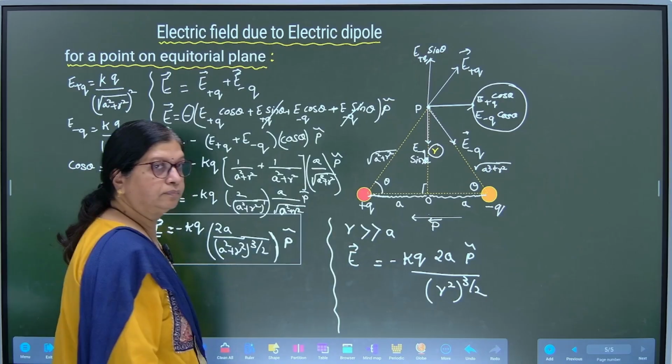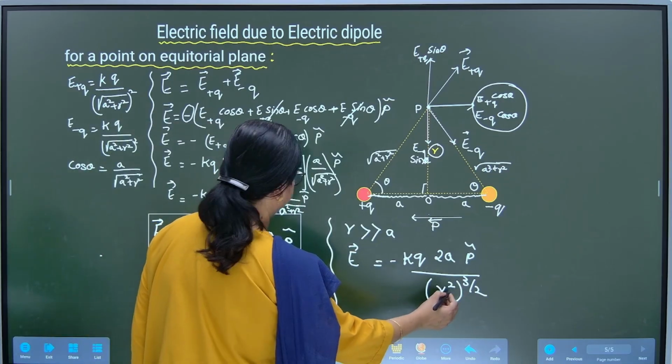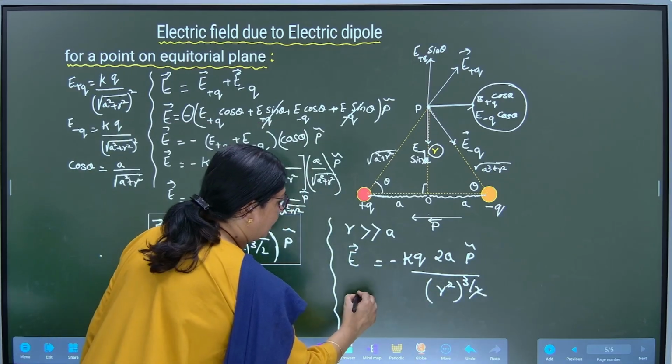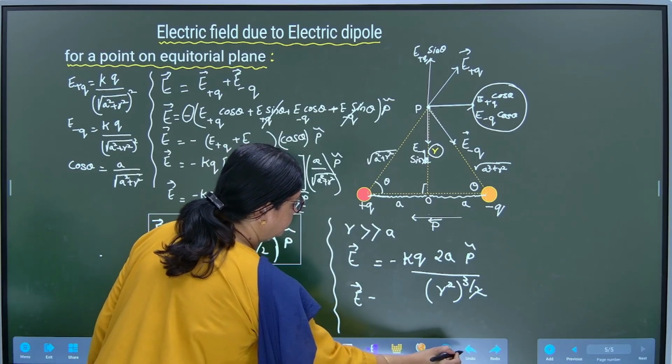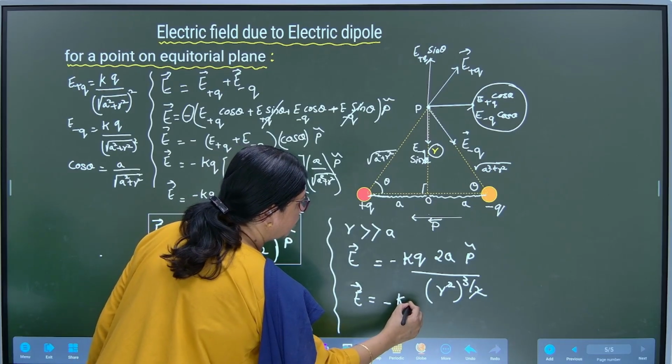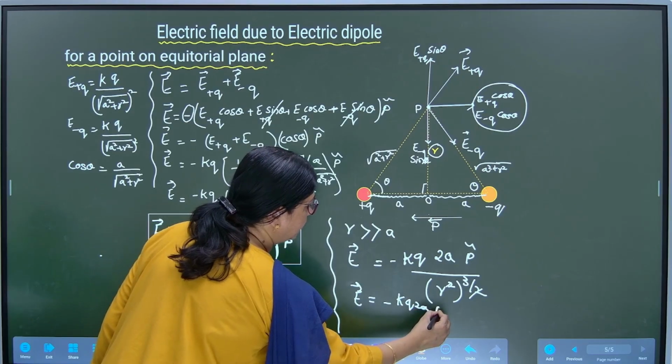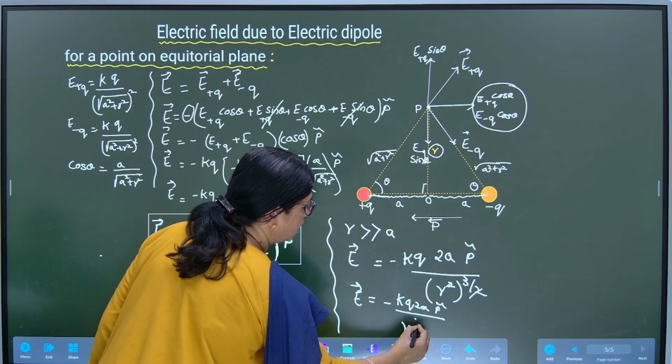Cancelling these two, E is equal to negative KQ 2A P cap upon R cube.